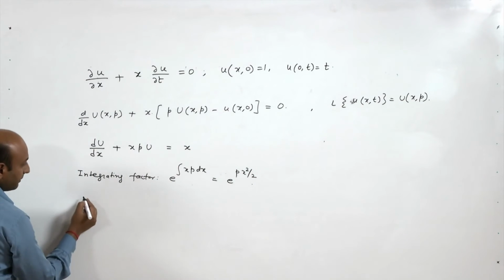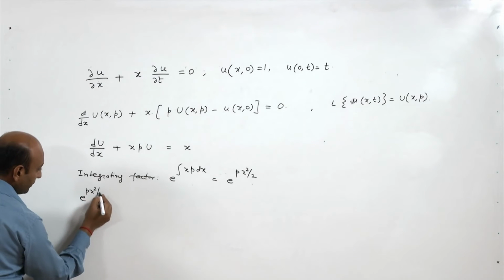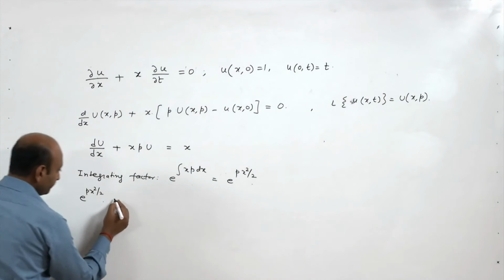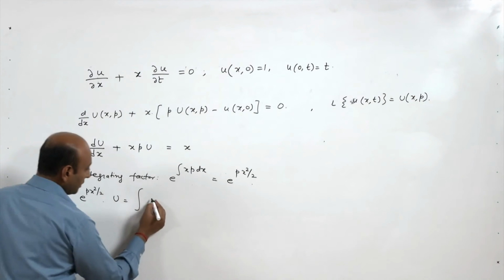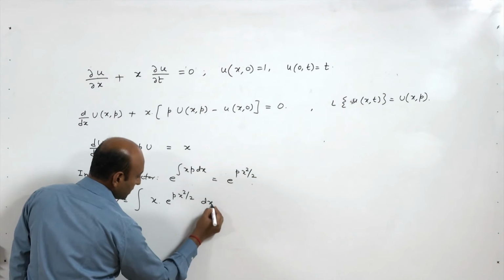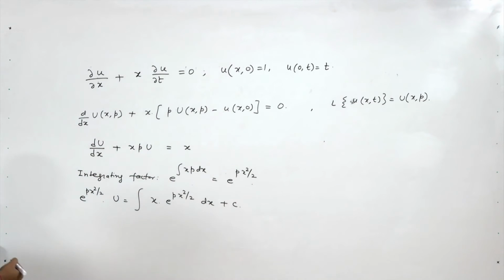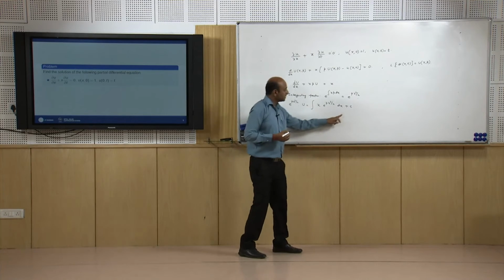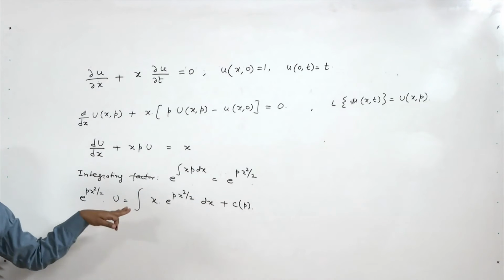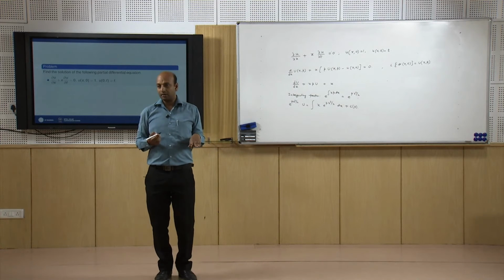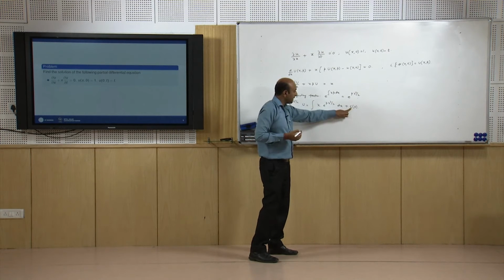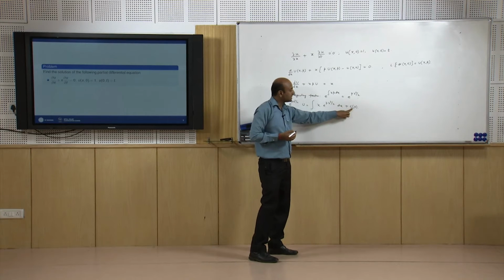And the solution will be e to the power p x squared by 2 into U equals the integral of the right hand side into the integrating factor dx plus an integrating constant C. Of course, this is basically a function of p, because here two variables are involved, p and x. p is an arbitrary constant we can say, and x is a variable. We are integrating with respect to x, so it will be some function of p.